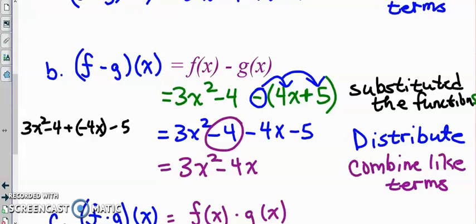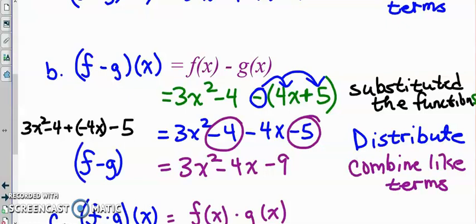I apologize for that, guys. But it's okay. Everybody makes mistakes. Everybody has those days. So when we combine these two right here, we get negative 9. So we get 3x squared minus 4x minus 9. And that's f minus g of x. That's what that equals.